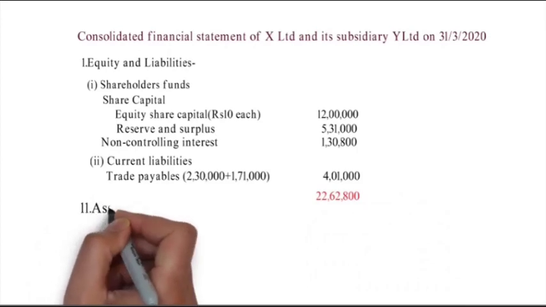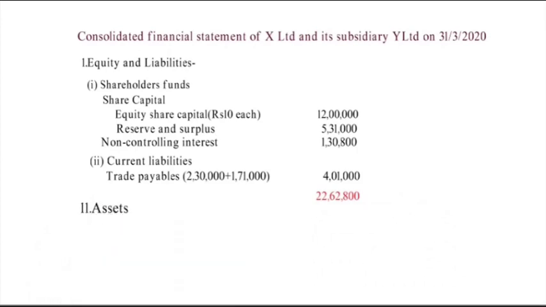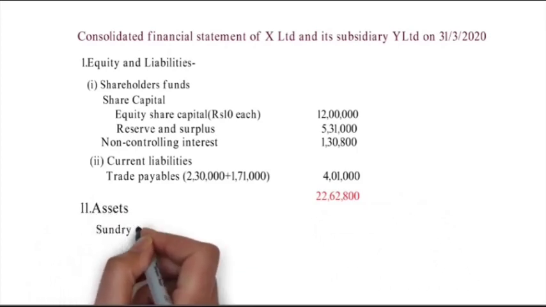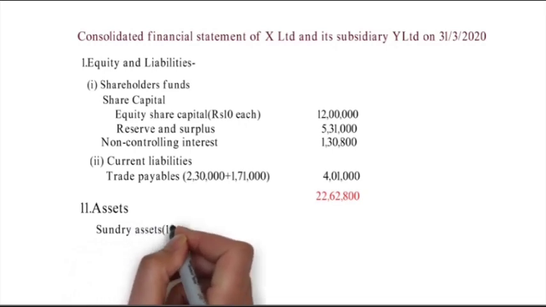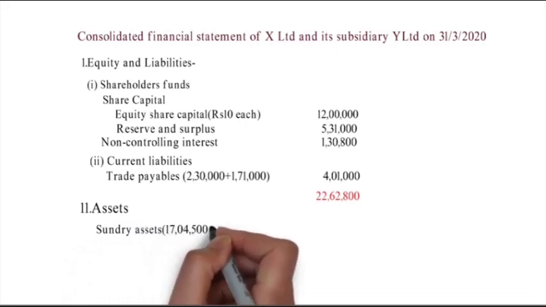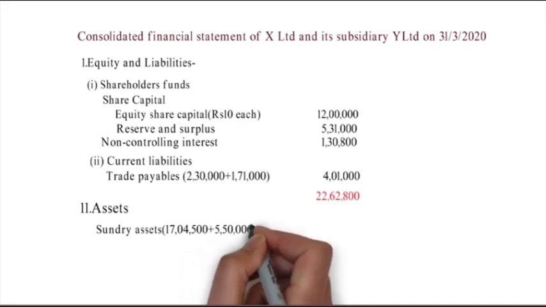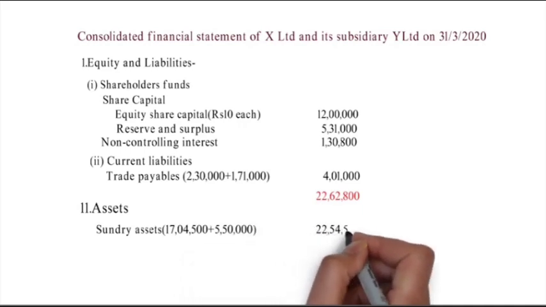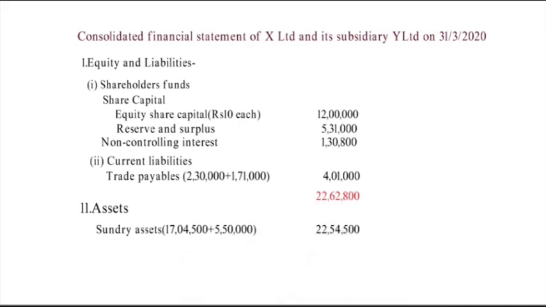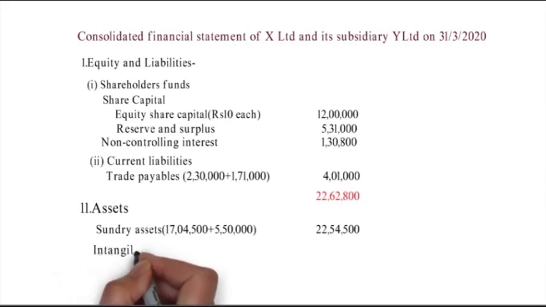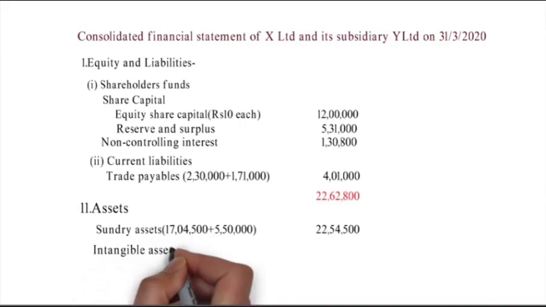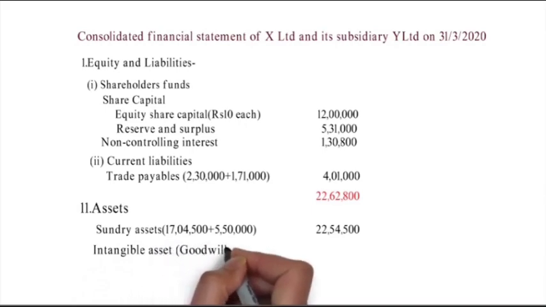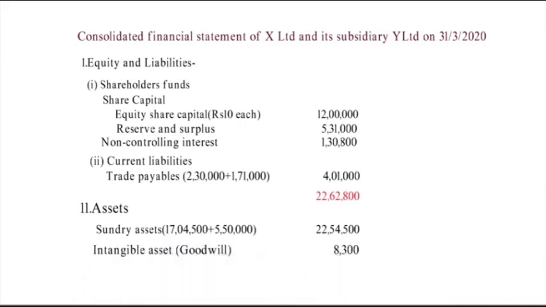Then assets, sundry assets, we add the sundry assets of X Limited and Y Limited, 17,04,500 plus 5,50,000, that comes to 22,54,500. Then intangible asset goodwill, we've already computed, 8,300. Then total assets 22,62,800.